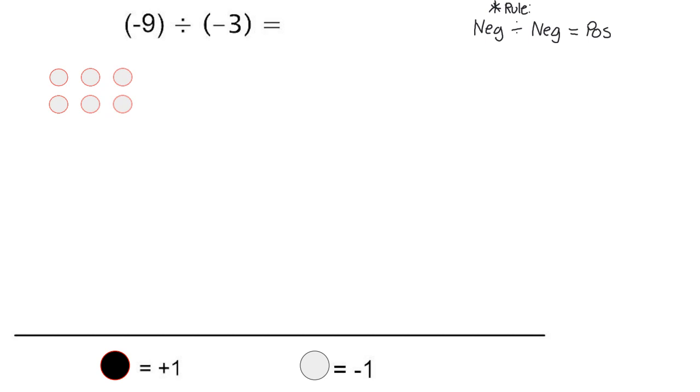Okay, then we want to show that we are splitting our -9 into groups of -3. Just gonna draw that out again.